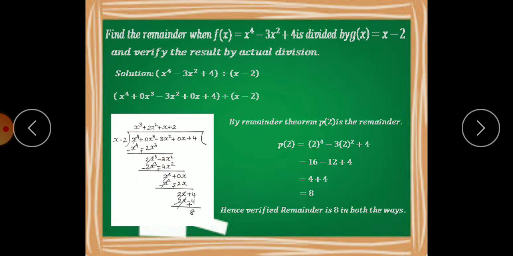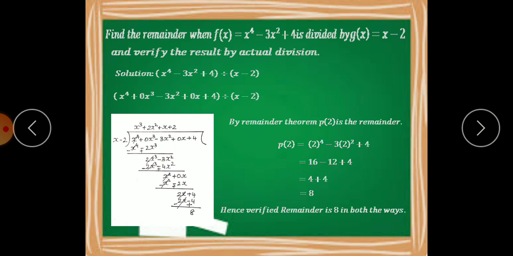The process of division is the same as in the last class and we get the remainder 8. Similarly, when in the dividend polynomial f(x) the variable is replaced by the 0 of the divisor x minus 2, that is 2, f of 2 is equal to 2 power 4 minus 3 of 2 square plus 4. Sorry children, instead of f(x) I have written here p(x).